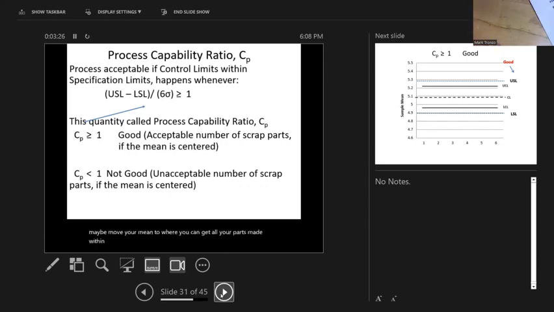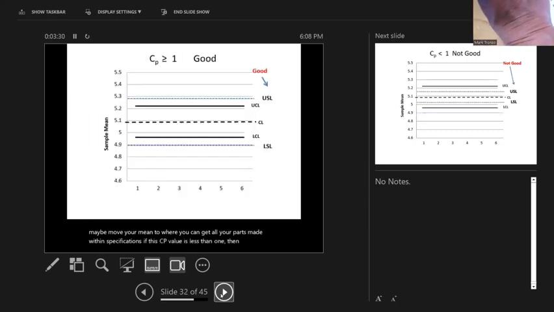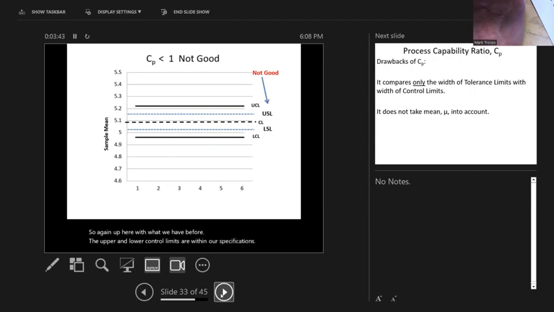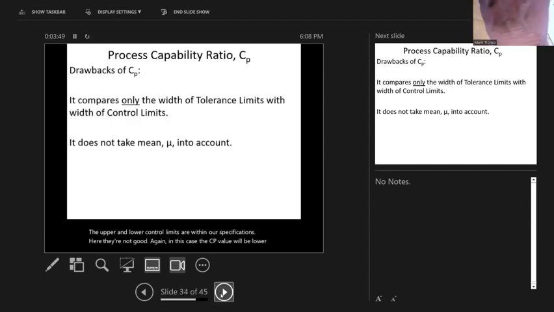If this CP value is less than 1, then you're going to have a lot of unacceptable parts. So again, up here, the upper and lower control limits are well within our specifications. Here, they're not good. In this case, the CP value will be lower when things are not good.